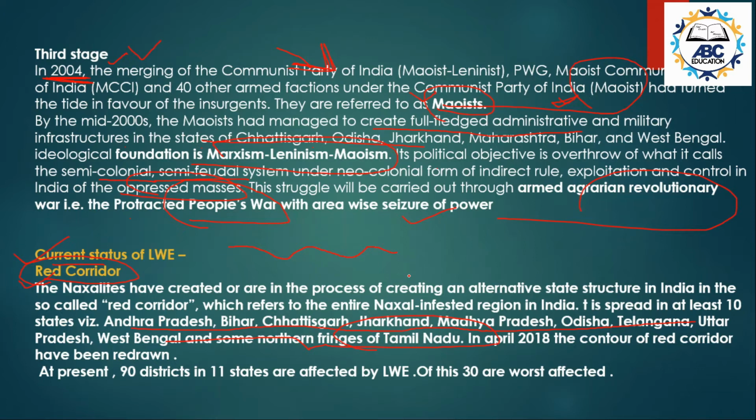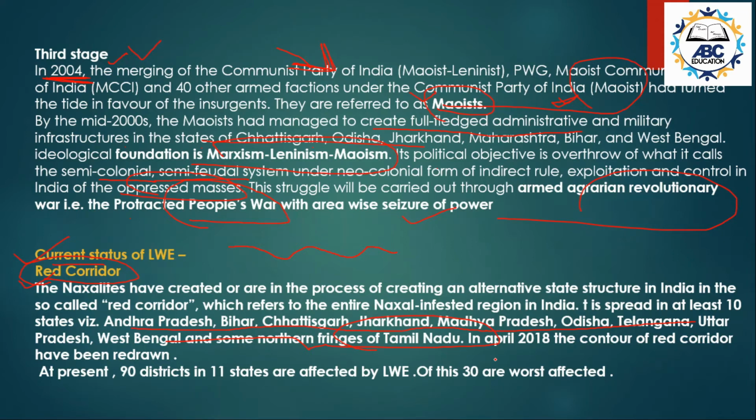This red corridor is an area which is Naxal affected area, and not all the regions of these states, but some pockets of these states they have occupied, and they have expanded their bases over here, and they are carrying out whatever violent attacks against the government and the security personnel, and they have established their corridor and their administrative setup in these pockets of different states.